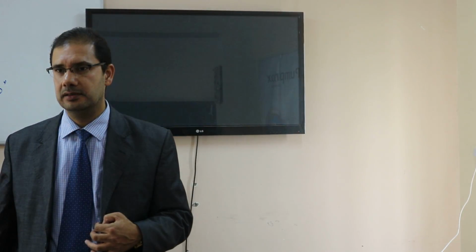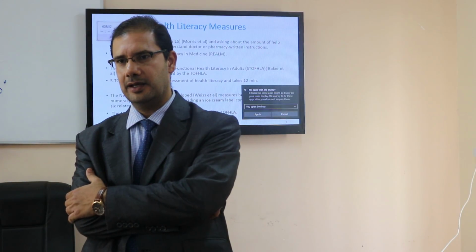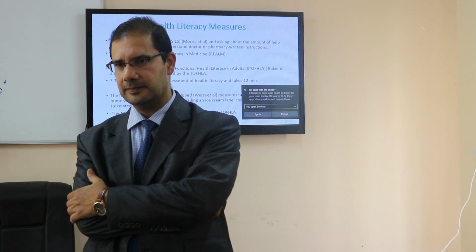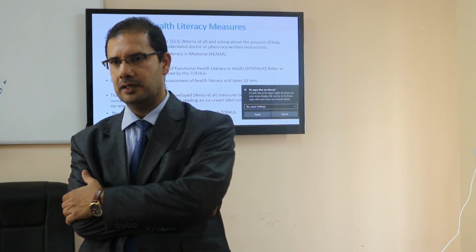And it's more objective. Why is it more objective? What's the difference between TOFHLA and CILS? CILS is subjective. Not everyone will say I need help, so it's biased and subjective.